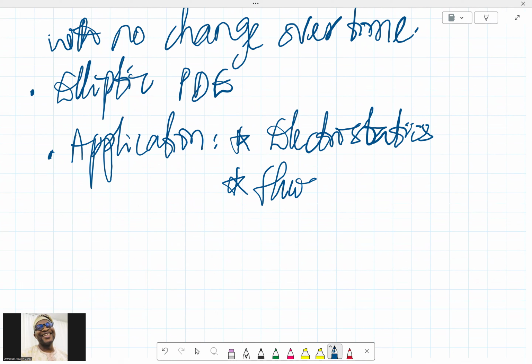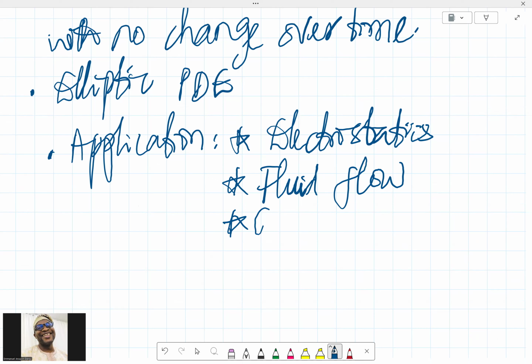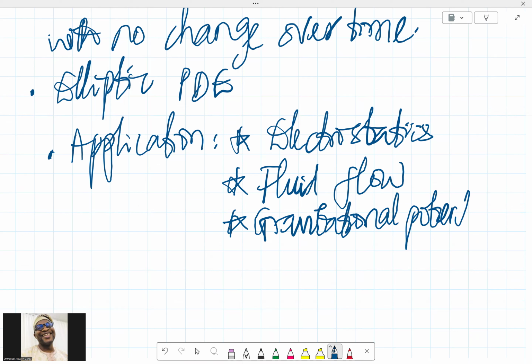Then fluid flow is another one here. Then we also have gravitational potential fields. Okay, so these are examples.